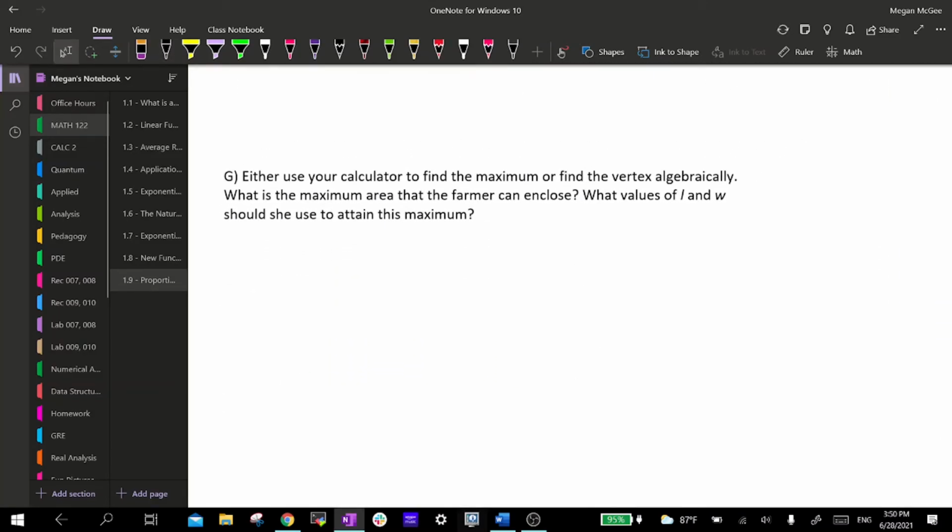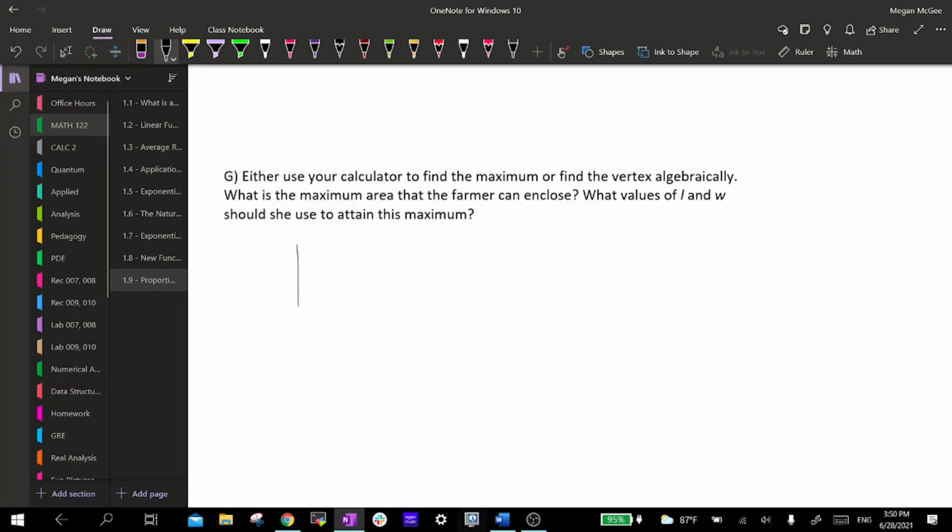The last part is part G. Either use your calculator to find the max or find the vertex algebraically. What is the maximum area the farmer can enclose? And what values of length and width should she use to attain the maximum?